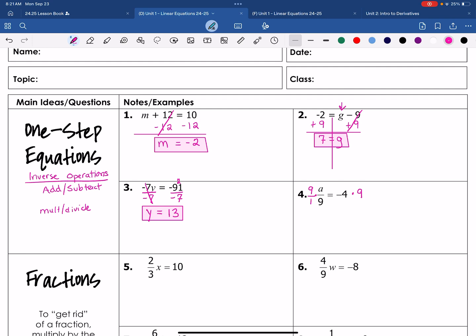I just rewrote this one as 9 over 1 because I was multiplying it by a fraction. So remember we talked about when I'm multiplying fractions, I can cross-cancel something in the numerator with something in the denominator. So I'm going to cancel out my 9s, and I'm left just with an a, and then a negative 36.